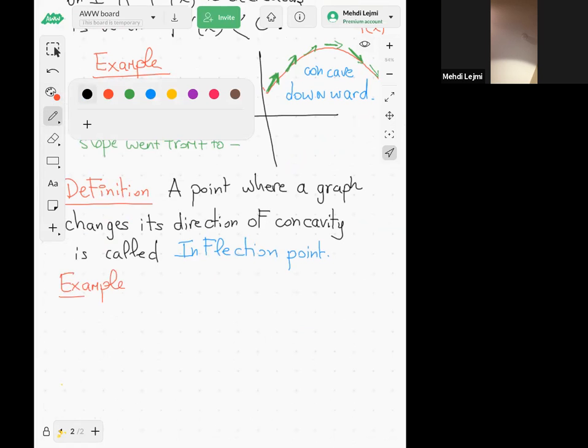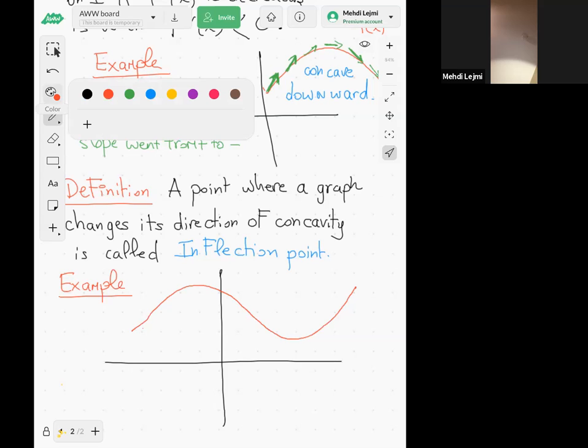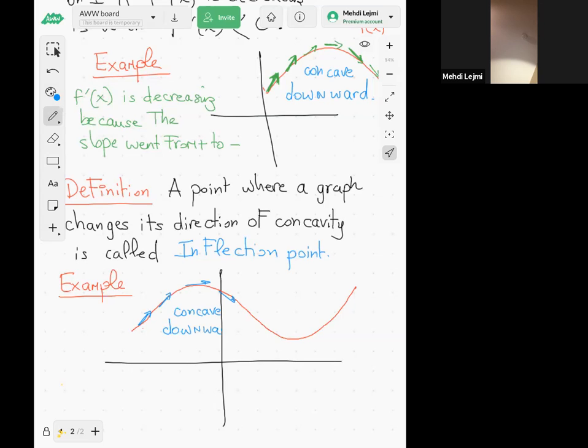So I have this graph, and then I have this function, which is first, let's say, concave upward, right? And then it becomes concave downward, right? So here my function is concave downward, right?